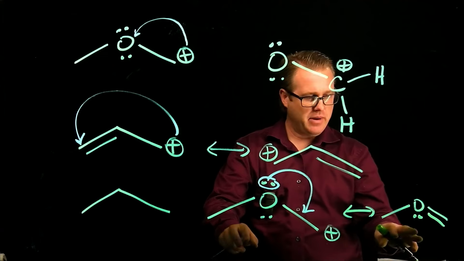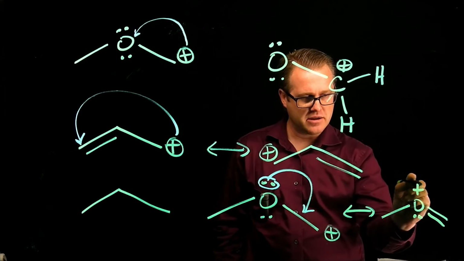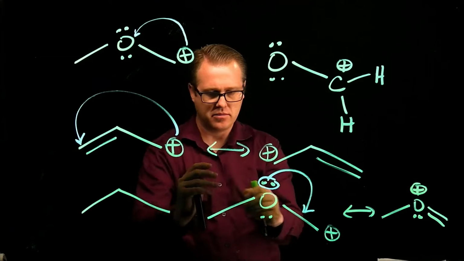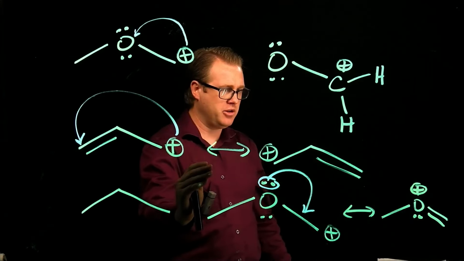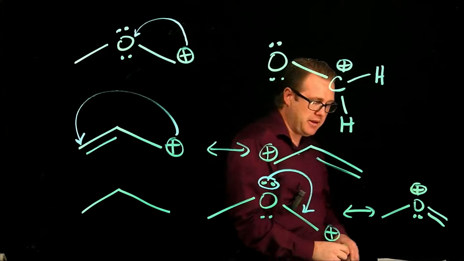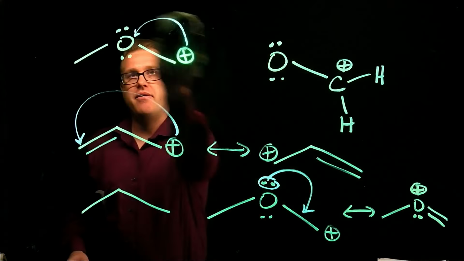Okay, so we evaluate formal charges. The carbon now is neutral. The oxygen now is going to have to be positive. So that right here, this little piece right here, that's the correct way to do the resonance structure from up here.